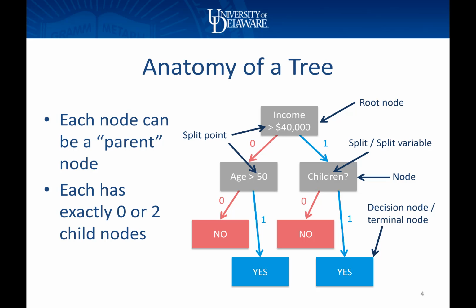If that person makes more than $40,000, we'll say that's a yes. They'll go to this node, and we will decide based on whether or not they have children, whether we expect that we're going to get a donation from them or not. If the person makes less than $40,000, we'll send them to the age bucket and make their decision based on age. The split point is that $40,000 where we're making that decision.